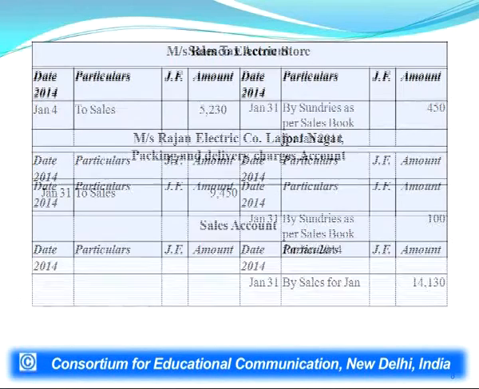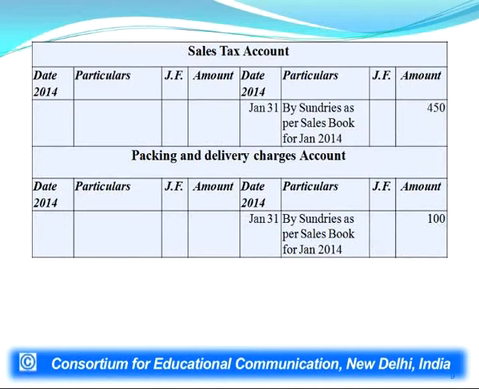In this case, we have to prepare two more accounts. One is the sales tax account. It is a liability, an increase in liability is credited, so by sundries as per sales book for January 450, the total amount is recorded. Similarly for the packing and delivery charges account, the 100 rupees is credited to packing and delivery charges. Basically, it is decreasing the expenses, so we have credited it.